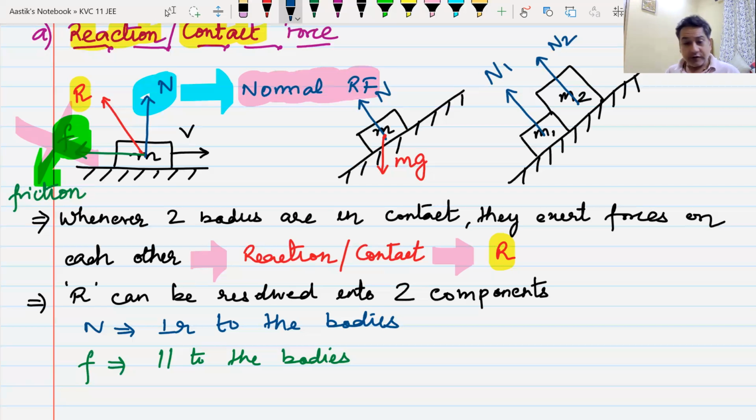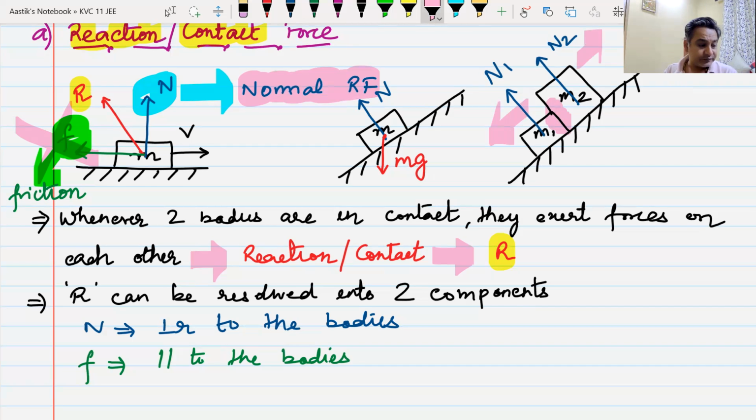Then from where is this contact force emerging and on which bodies is it going to act? As you can see here, there is a contact between mass M1 and M2 as well. And because of this contact, M1 and M2 will also exert forces on each other. M2 would be pushing M1 like this, and M1 would be pushing M2 like this.